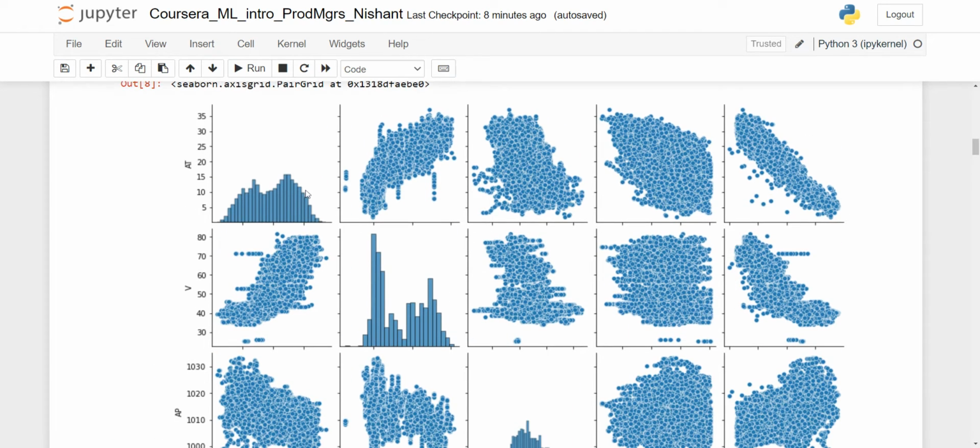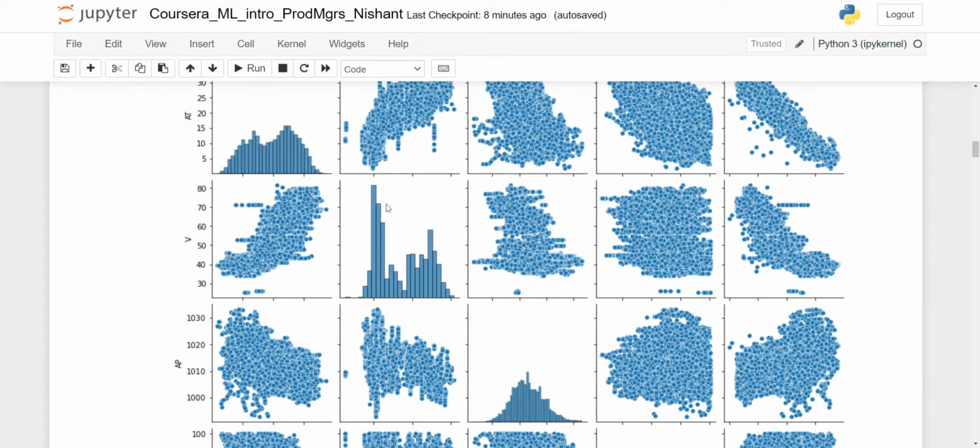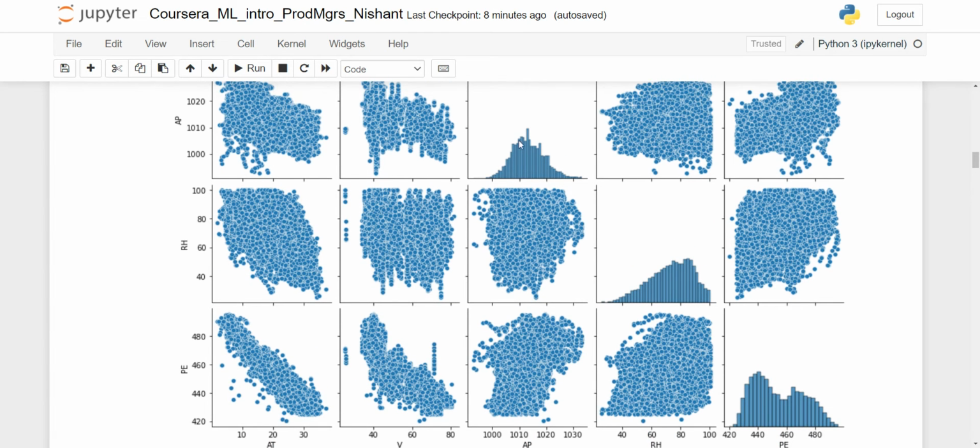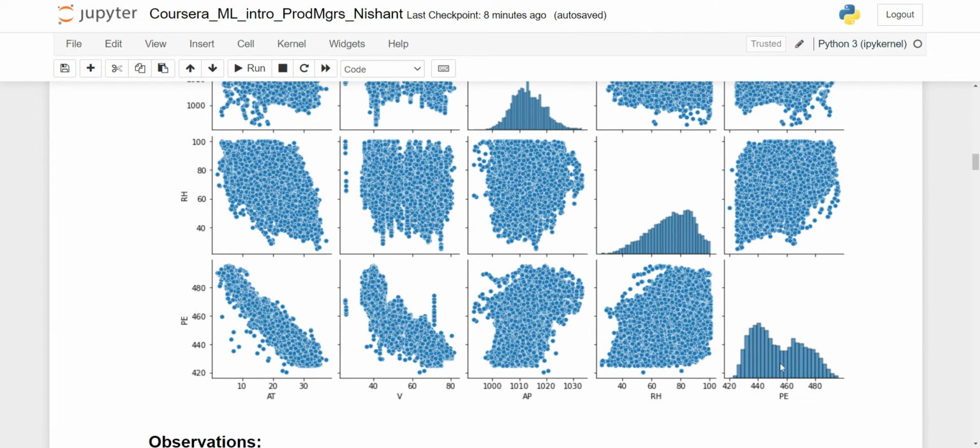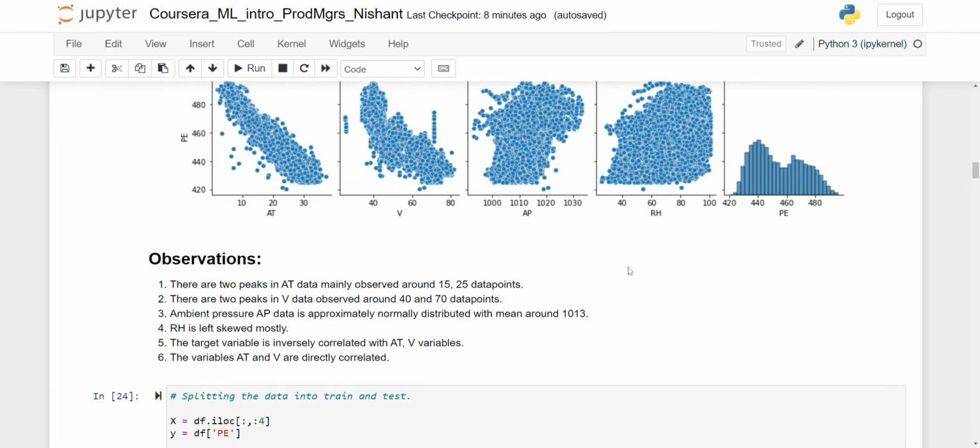We can also look at the histograms plotted here. There are two main peaks observed, and some peaks for the V variable, and we have almost normally distributed data for the AP variable. We have skewed data here, and again two peaks for the PE variable.